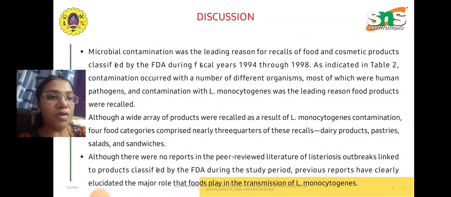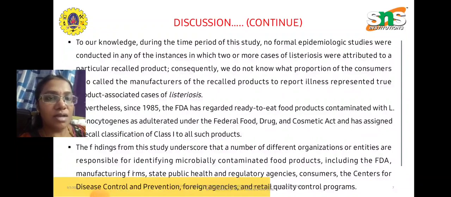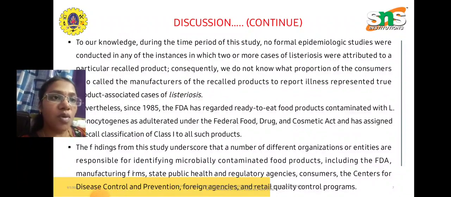Although there were no reports in the peer-reviewed literature of listeriosis outbreaks linked to the products classified by the Food and Drug Administration during the fiscal years, previous reports have clearly illustrated the major role that foods play in the transmission of Listeria. To our knowledge, during the time period of the study, no formal epidemiological studies were conducted in any instances in which two or more cases of listeria were attributed to a particular recalled product.